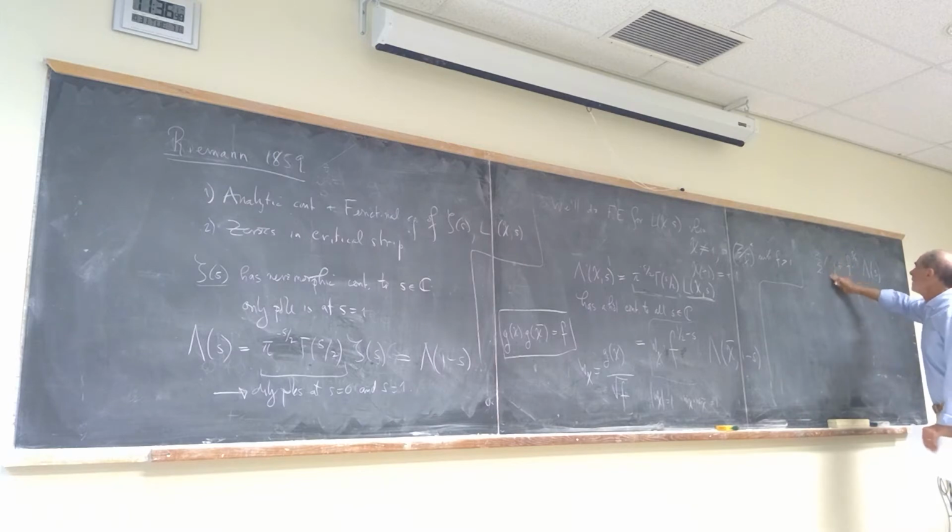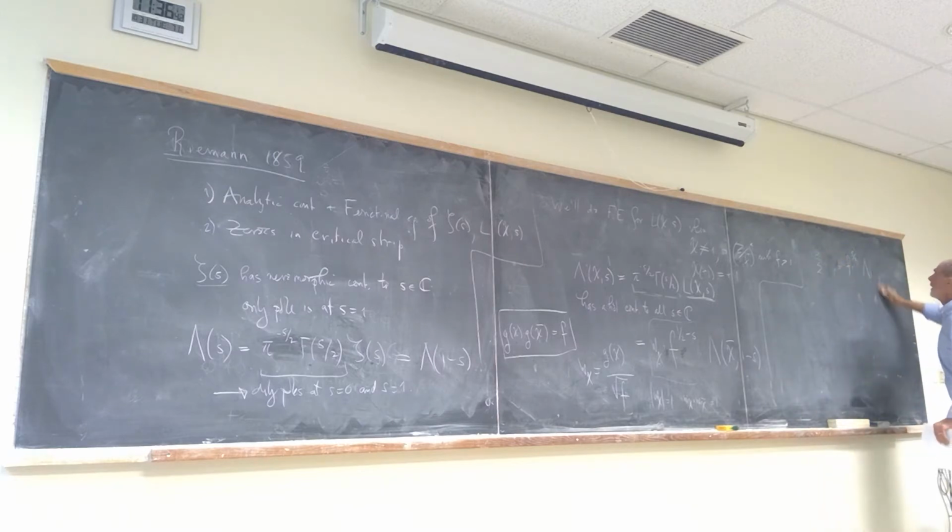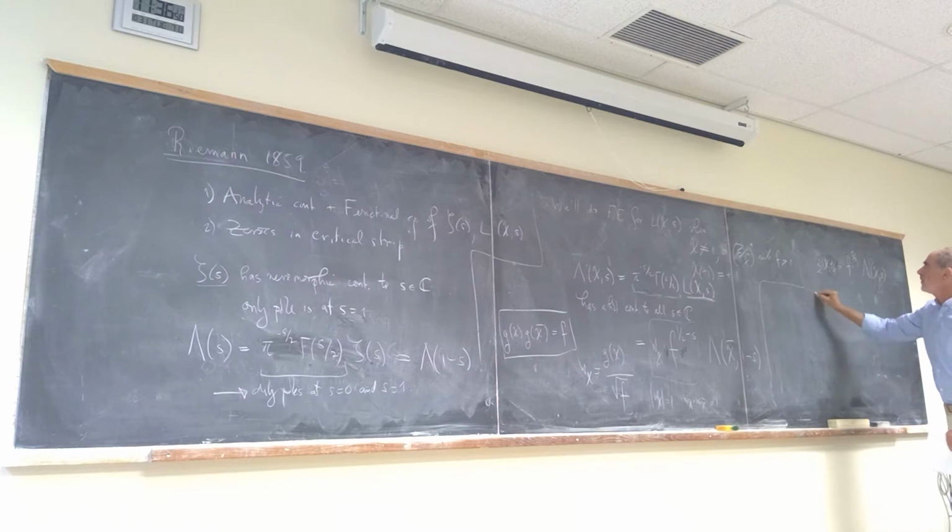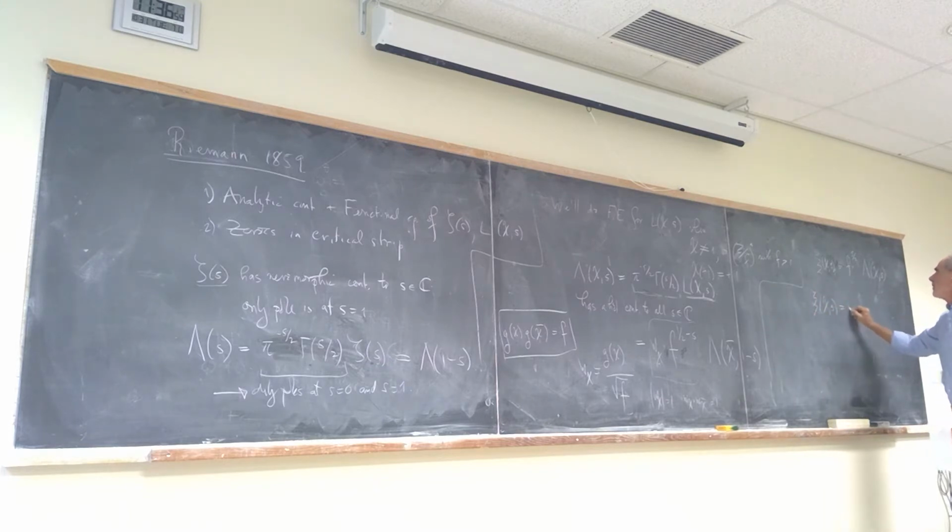Let's call that chi s. You multiply this lambda chi s by f to the s over 2. Then the functional equation looks like c of chi s is just w chi times c of chi bar at 1 minus s. And that's what I'm going to prove.